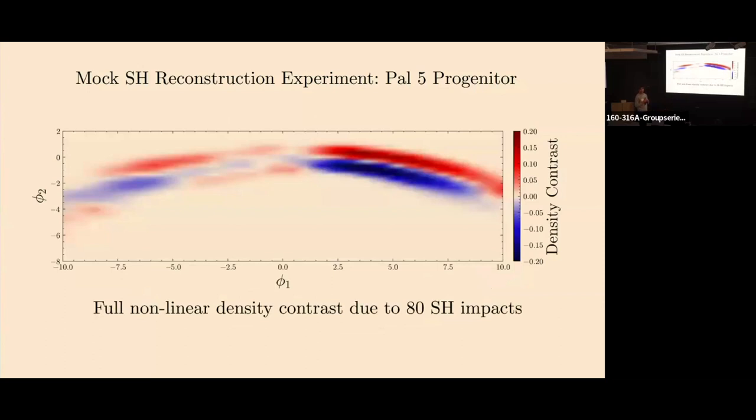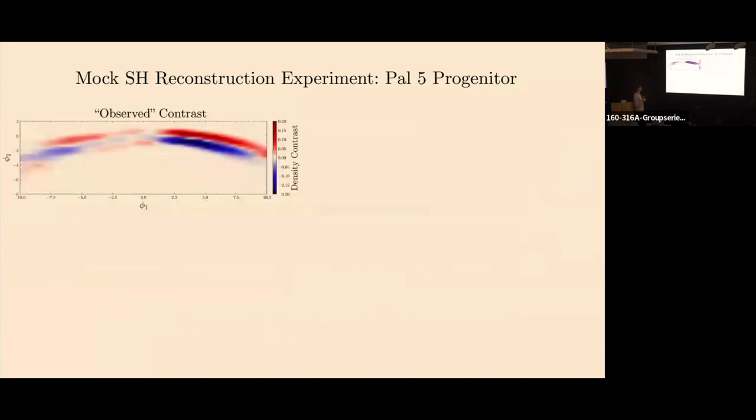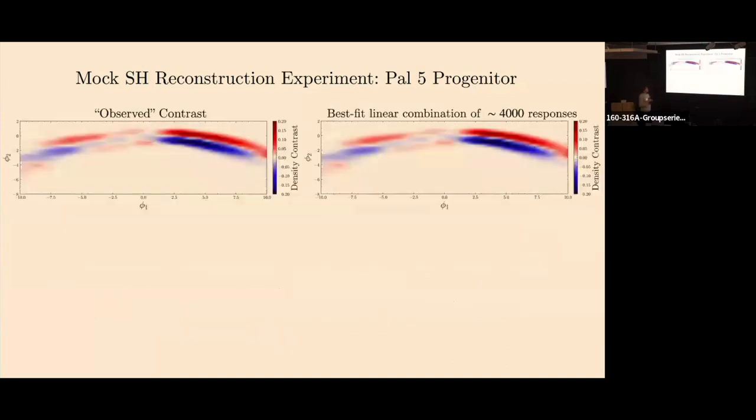So here's the sort of mock data. This is the density contrast that you might go out and try to observe. You observe gaps and shifts in a stream and its track. There's 80 subhalo impacts, but the inference pipeline doesn't know that. And then you just try to fit the observations using 4,000 linear order responses.